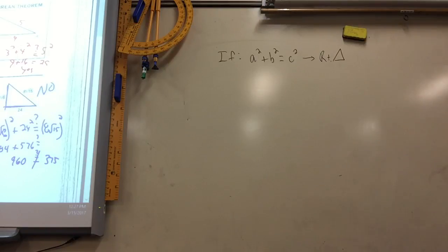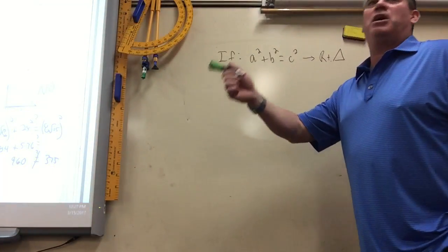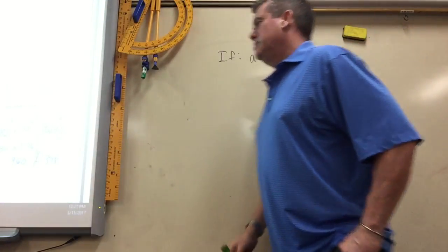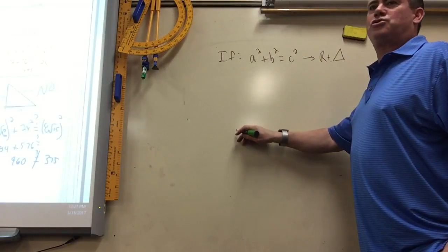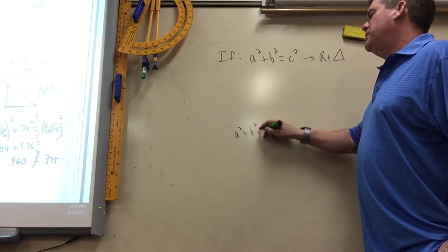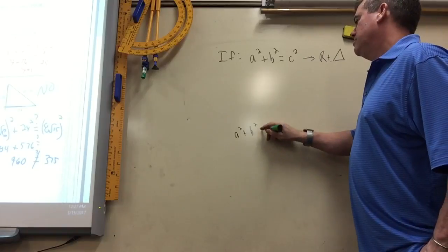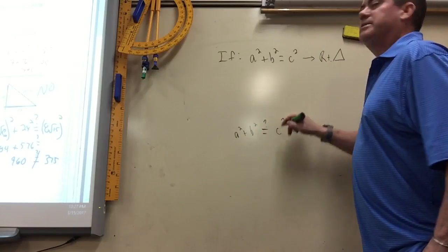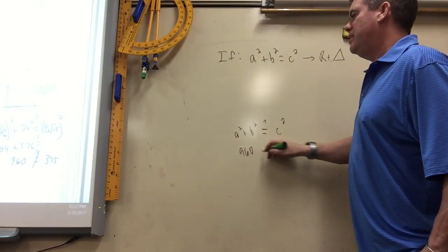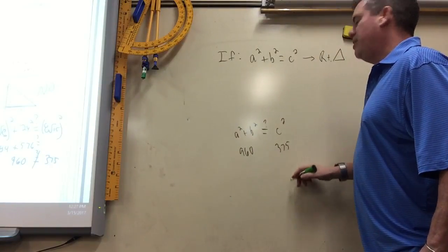Okay, now, here we found out that when we did a squared plus b squared, compared to c squared, they were not equal. The last one I did, we got 960 here, we got 375 here.